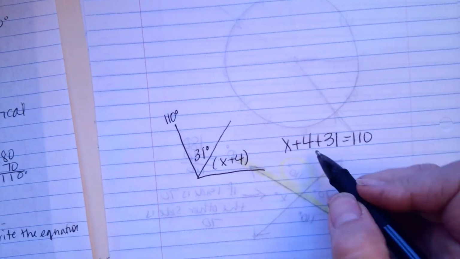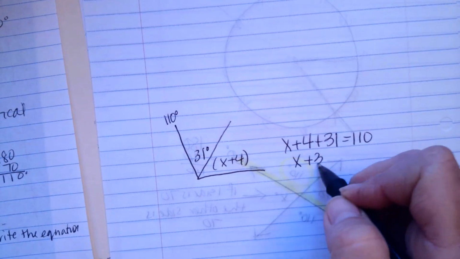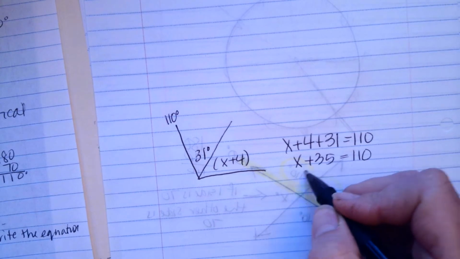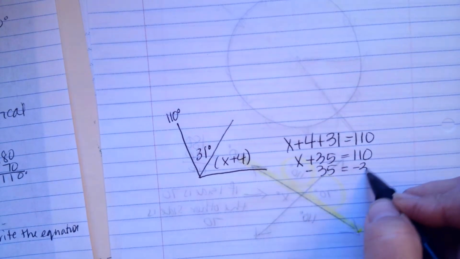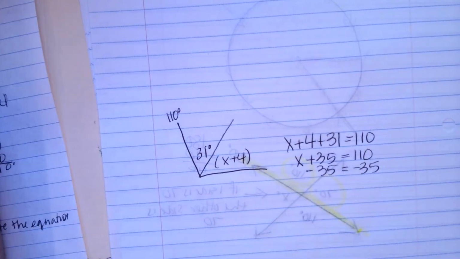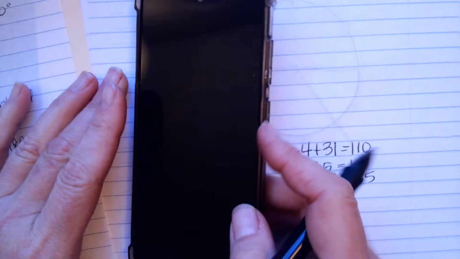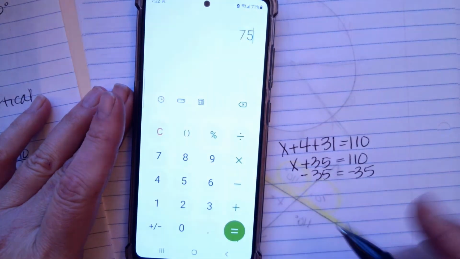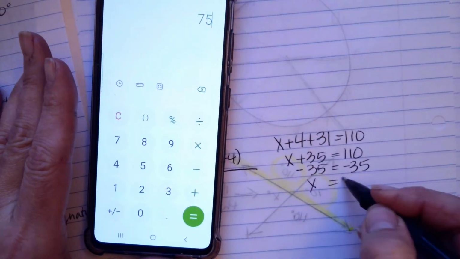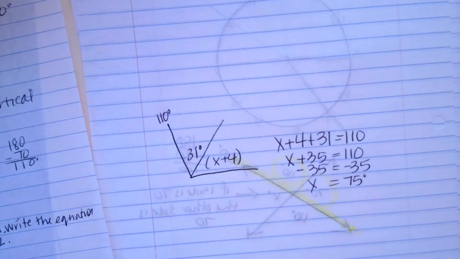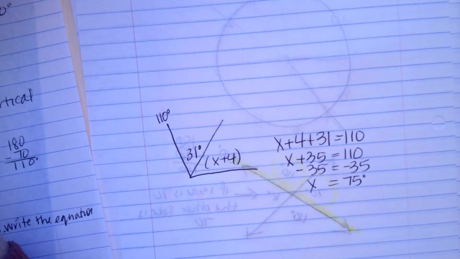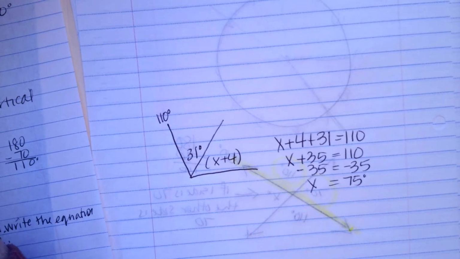And then you combine like terms, x plus 35 equals 110. They're adding 35, you subtract 35. And whatever you do to one side, you do to the other. So this one, x would equal 75 degrees. Does that make sense? Yeah. Okay. On to the next piece.